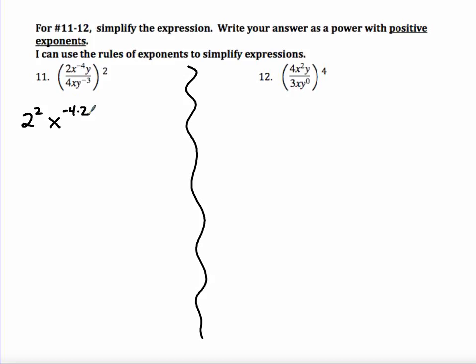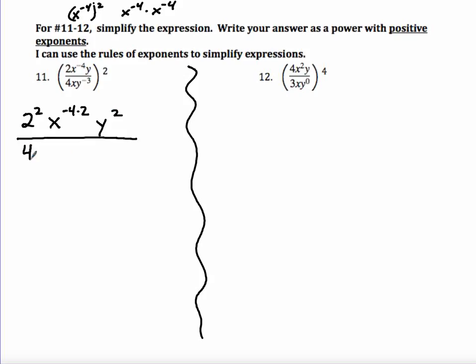I'm not squaring the exponent, because remember, if I just had x to the negative 4th and I wanted to square that, it means I'm taking x to the negative 4th times itself 2 times. And so I would actually add those exponents together. I would not square it and make it to the positive 16. So back to this, I'm going to have y, and since I just have a y there, it's going to be squared.